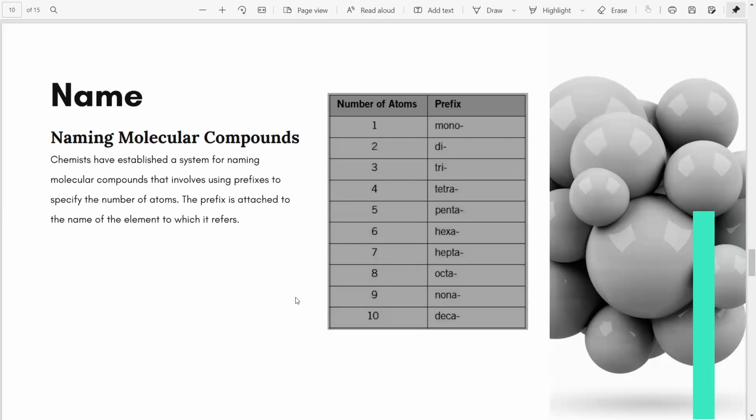If you have 3 oxygens, that would be trioxide, and so on. If instead of oxygen it's something else, you would still have the di or the tri in the front and the name of whatever that particular element is. So the number that's associated with that particular element in the chemical formula is important in coming up with its name.